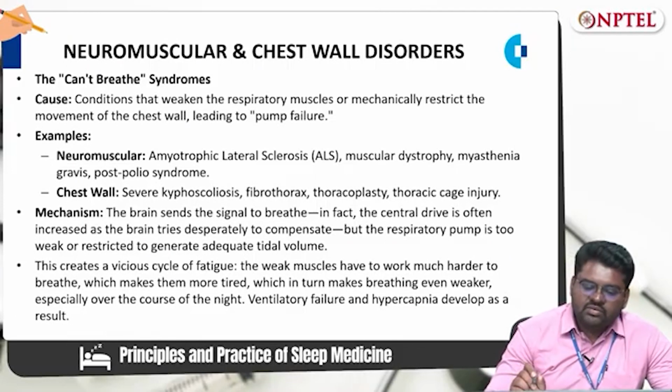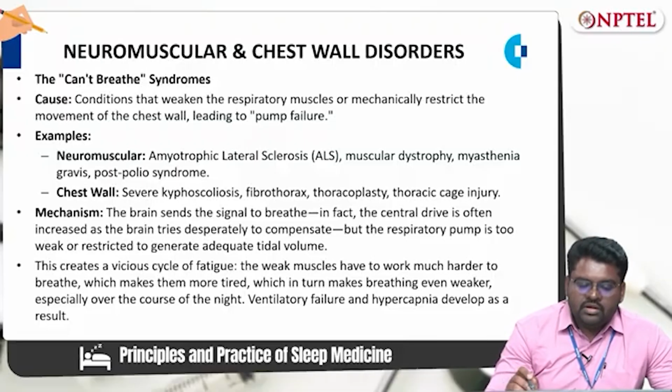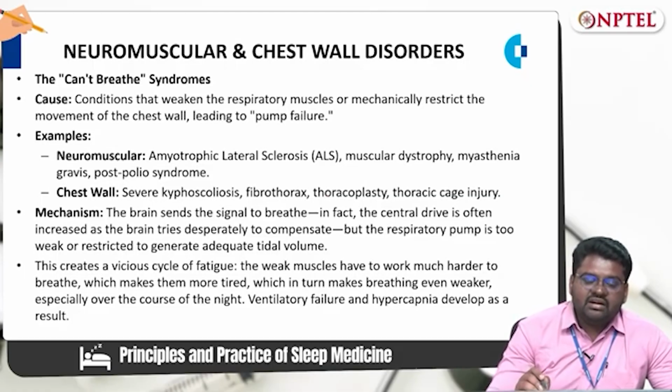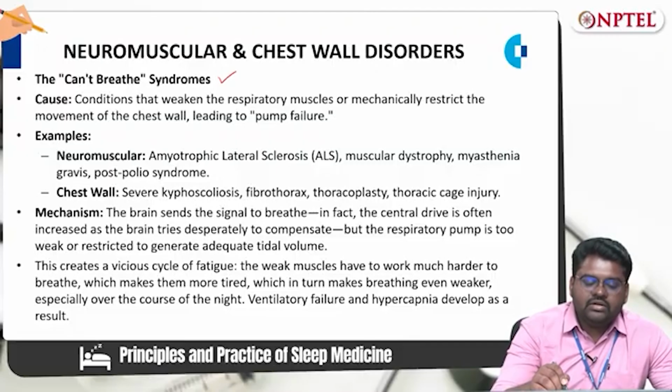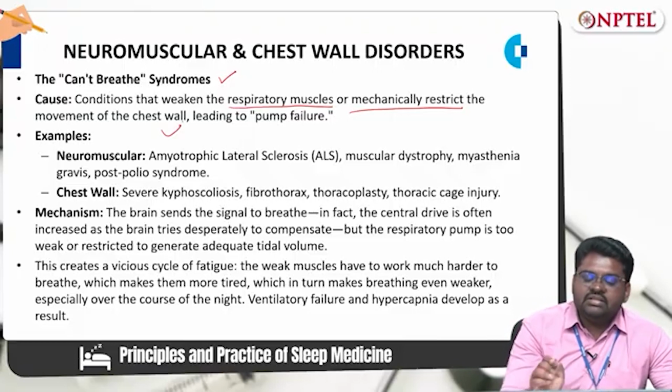Neuromuscular and chest wall disorders. So basically these patients can't breathe. These categories of patients have can't-breathe syndromes. These are conditions which weaken the respiratory muscles and mechanically restrict the movement of the chest wall, leading to a pump failure.